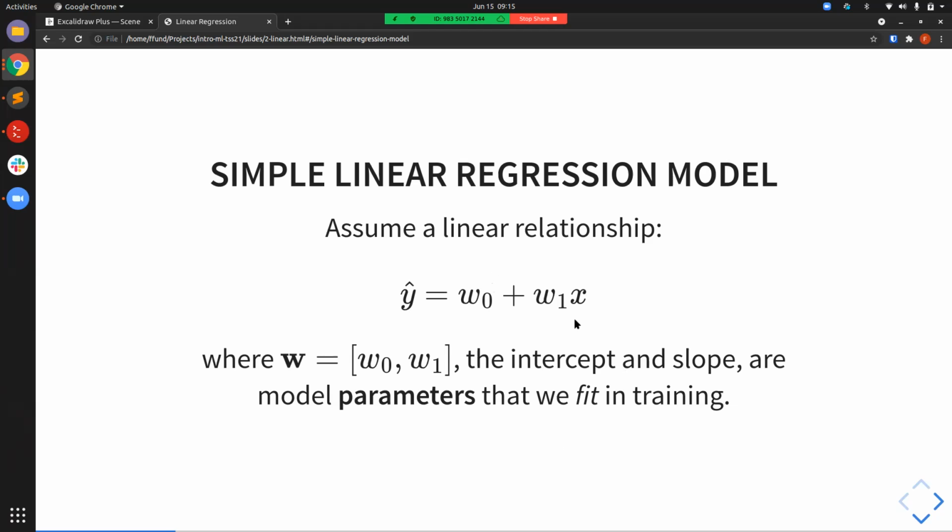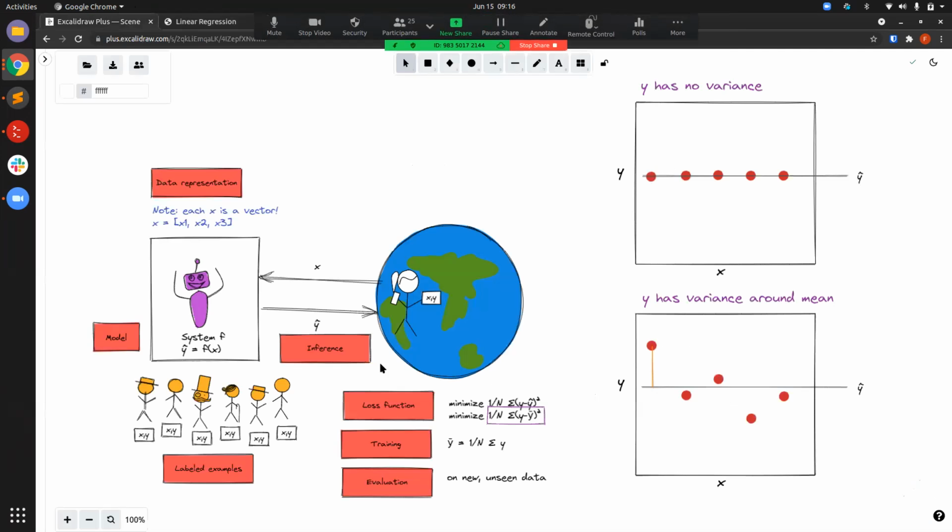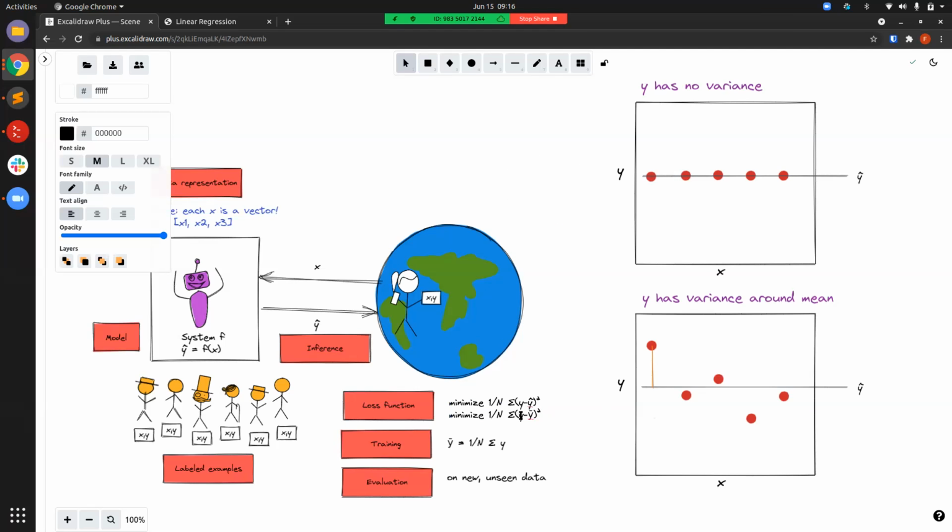And W0 and W1 are the model parameters that we fit in training. So we said as part of our machine learning recipe, we have some loss function, and then we train to minimize the loss, to find the parameters that minimize the loss function. So here we're going to train to find the W0 and the W1 that minimize the loss function. Okay. So let's just write out our new function here. We have W0 plus W1 x1.